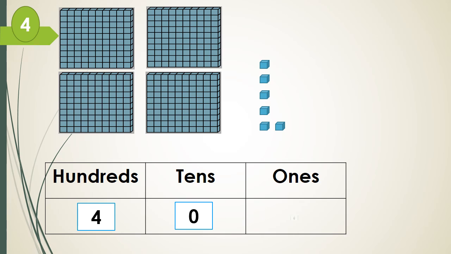How many ones? I have 6 ones. Here I write the number as 4 hundreds, 0 tens, 6 ones, and I read it as 406. Because I don't have any tens to read with the ones, I read the number as 406.